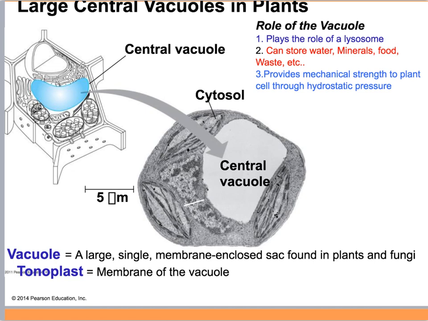It can also be a site of waste storage too. And through the fact that it can be filled up so full, it can provide some mechanical strength to the cell, giving it some pressure inside the cell to maintain its shape. The vacuole is that large, single membrane-bound enclosed sac inside of plants and fungi, which we see here, and the membrane that surrounds it we refer to as the tonoplast. So the tonoplast is the membrane surrounding the vacuole.